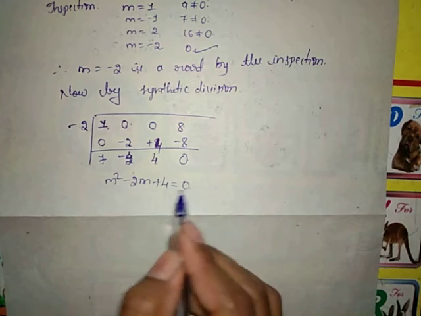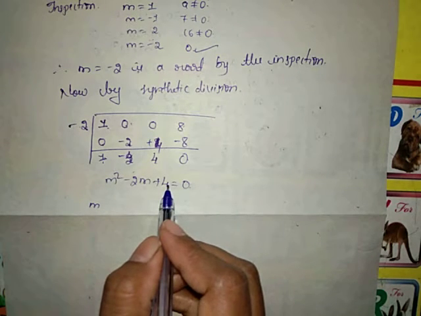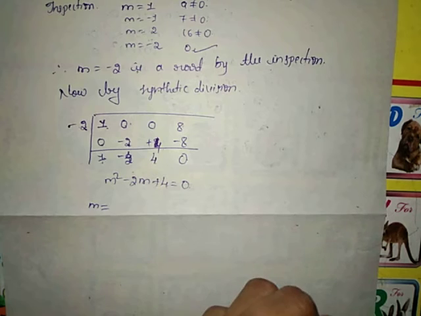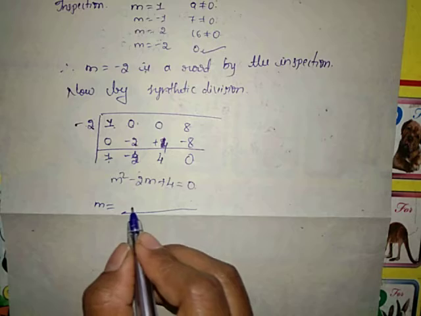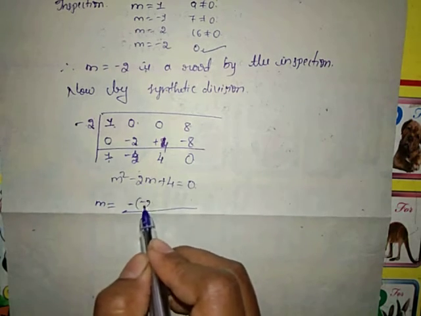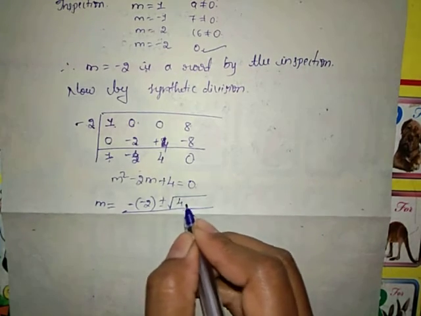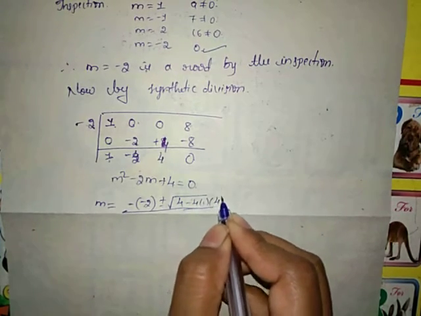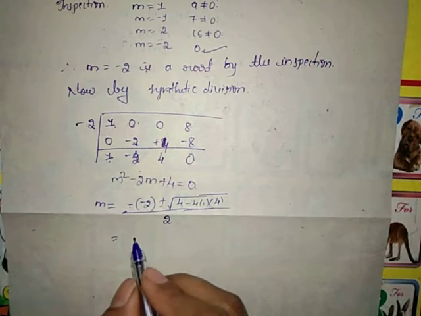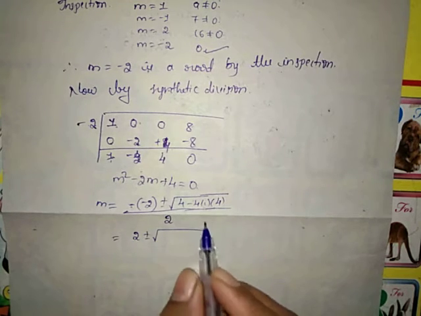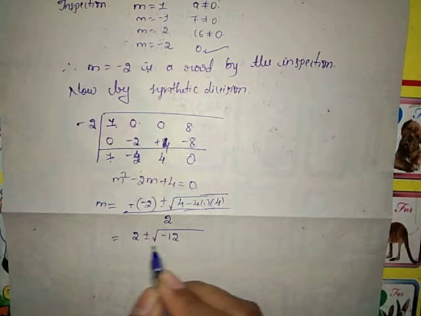Now simplify this quadratic equation. We cannot split this equation, so go for the formula of the quadratic equation to find the roots. Minus b is minus of minus 2, so plus 2, plus or minus square root of b square minus 4ac, divided by 2a. That is 4 minus 4 into 4, 16, so 4 minus 16 is minus 12, divided by 2.